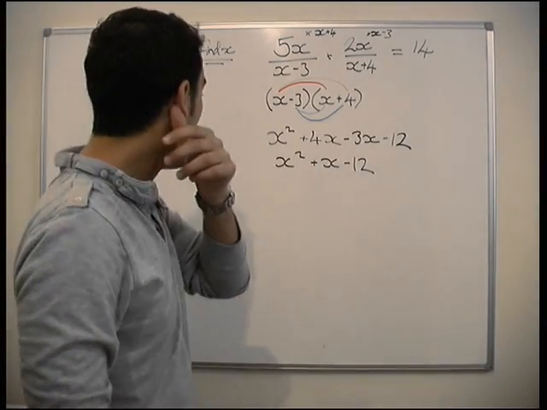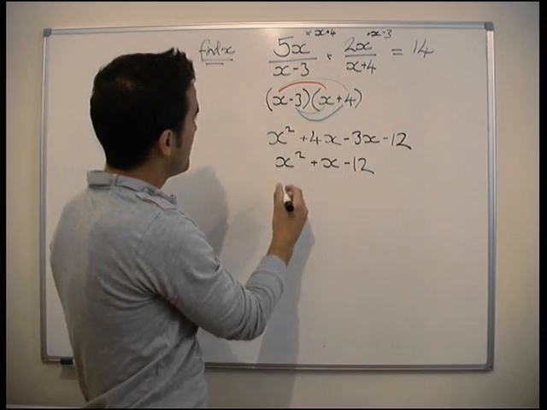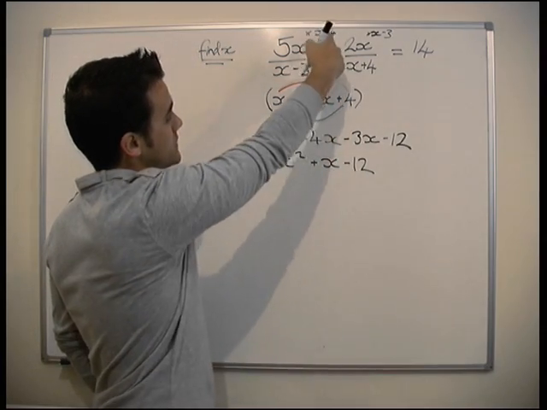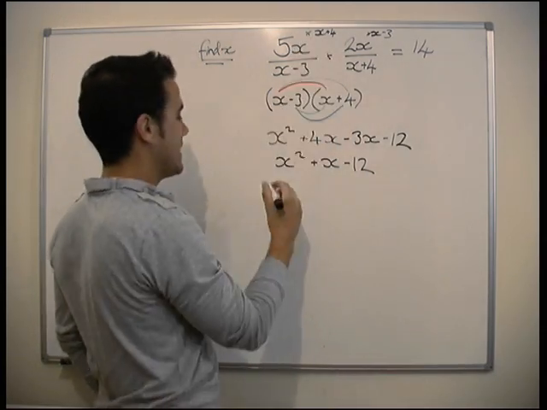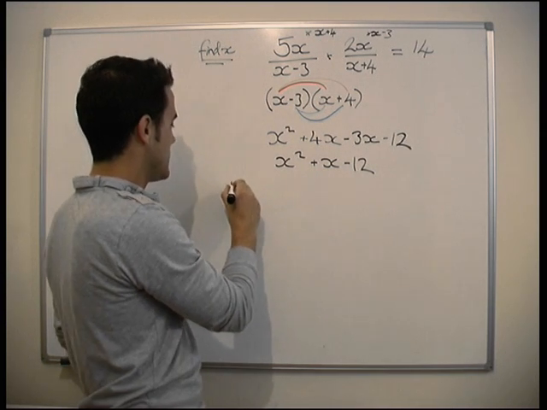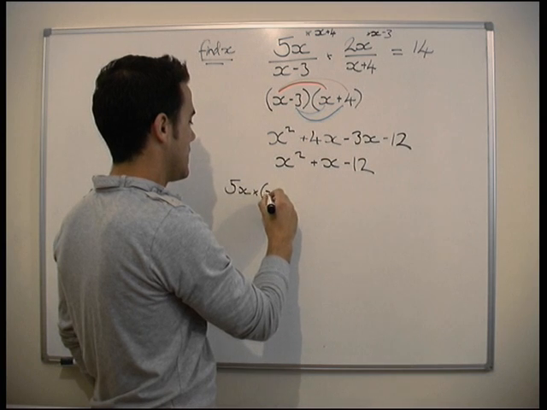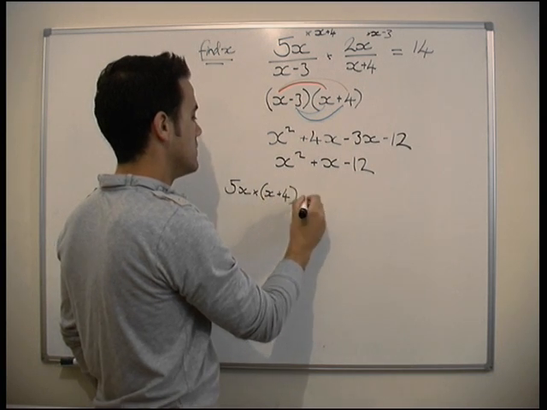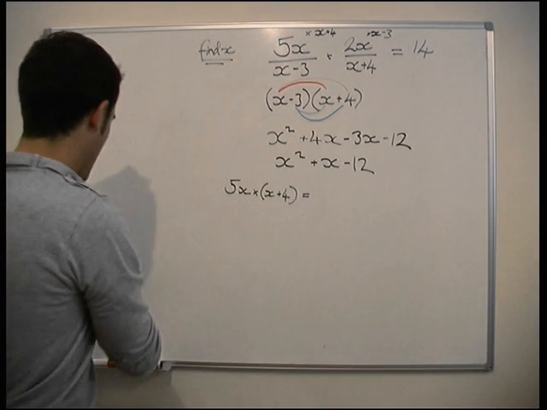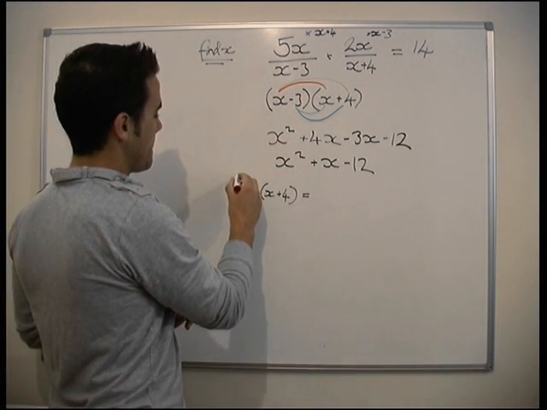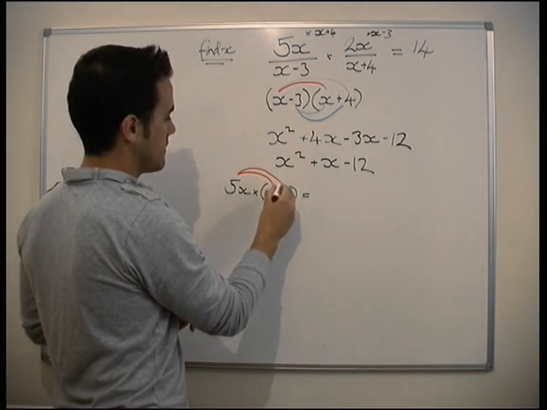Right, now we need to do the top. So let's do this one first: 5x times x plus 4. So let's write that here. Let's remember what we do when we're multiplying this out. We need to make sure our 5x times is by everything.